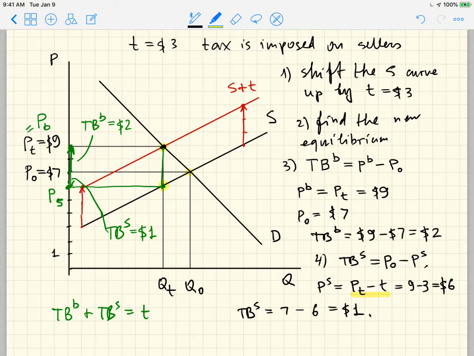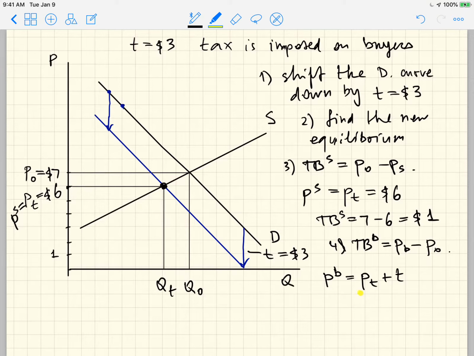We were subtracting T because PT was actually the amount of money sellers were getting from buyers, and T was the amount of money they were giving away to the government. In this case, both PT and T are the amounts that buyers have to part with, so that's why this number is supposed to be added.